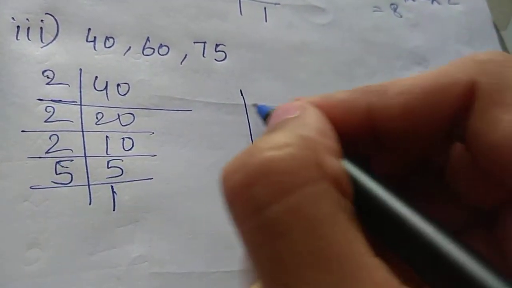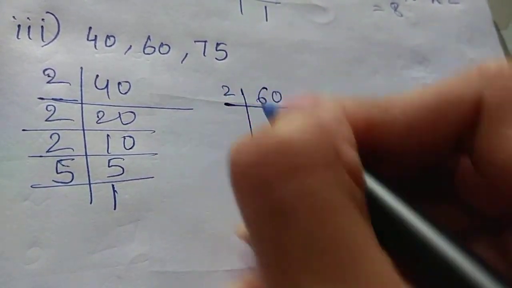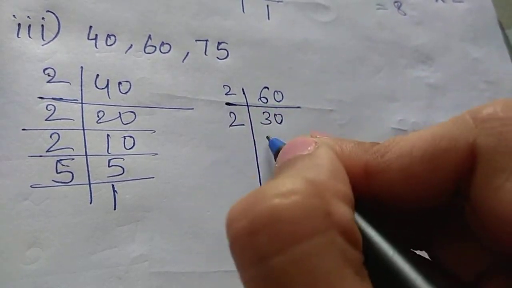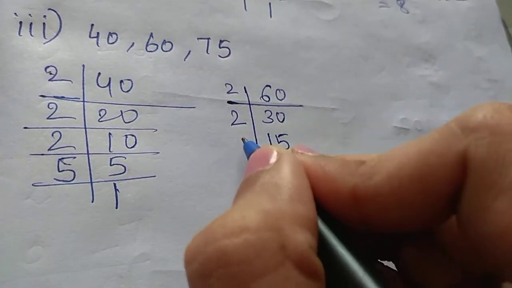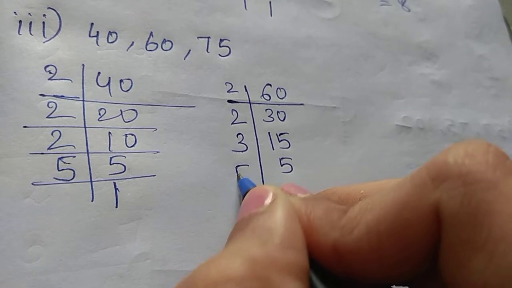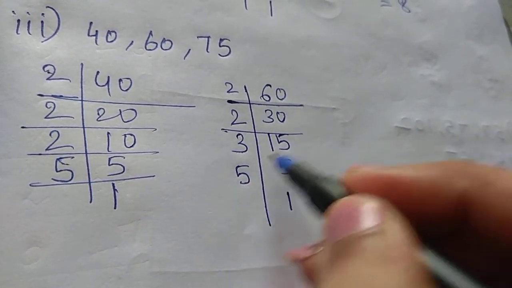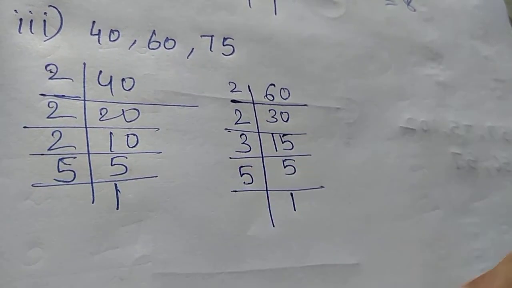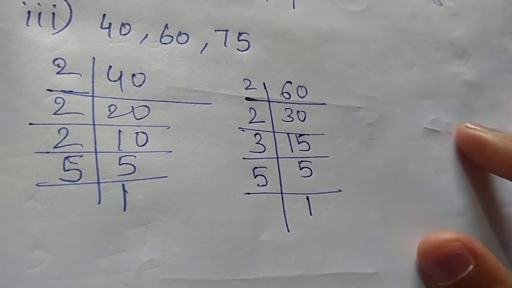Next is 60. 2 30s are 60, 2 15s are 30, 3 5s are 15, 5 1s are 5. Now you have to draw this line using a pencil and ruler.